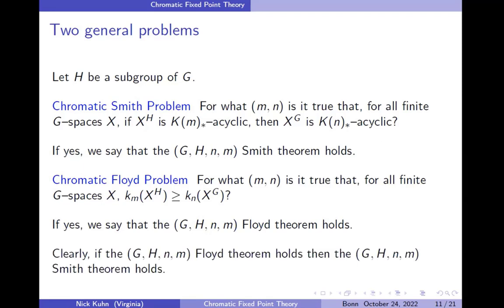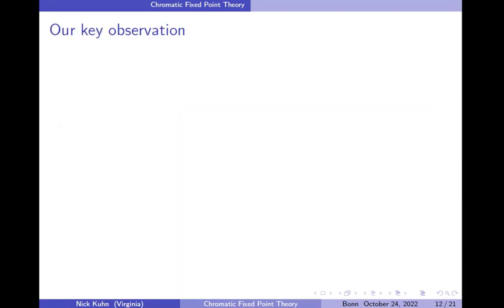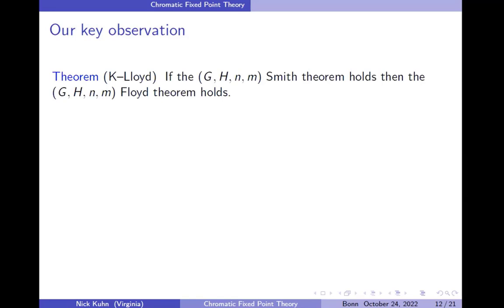So here is something that's pretty obvious. I guess if the Floyd theorem holds, then the Smith theorem holds. So this is our key observation in all of the work I've done, which is the converse holds. If somebody just tells you, oh, I know somehow, because I'm clever, that the G, H, m, n Smith theorem holds, then you can deduce this fact about dimensions.